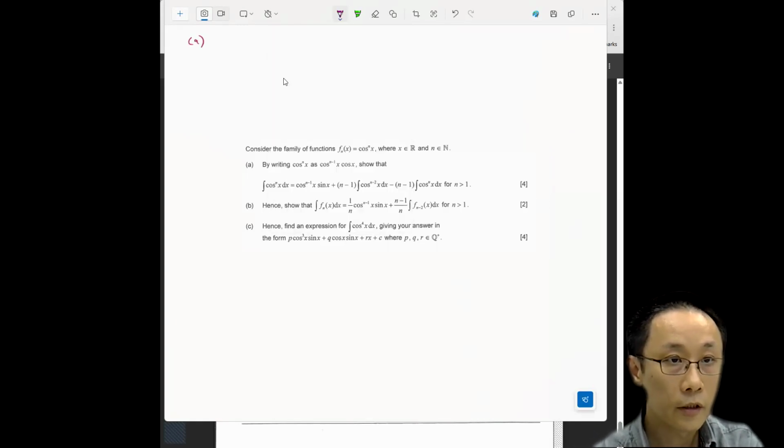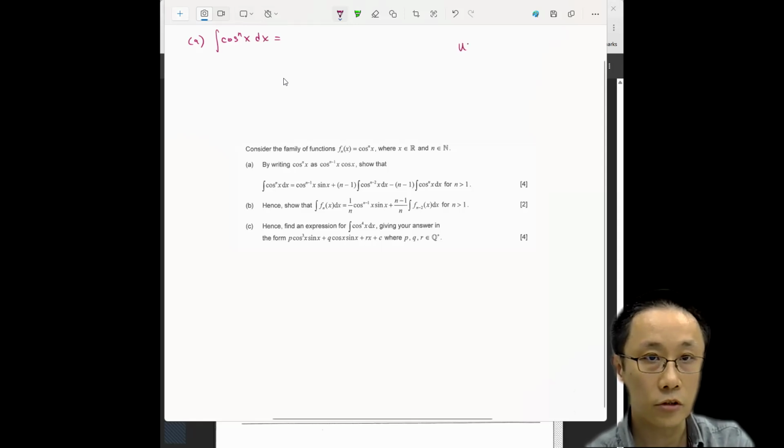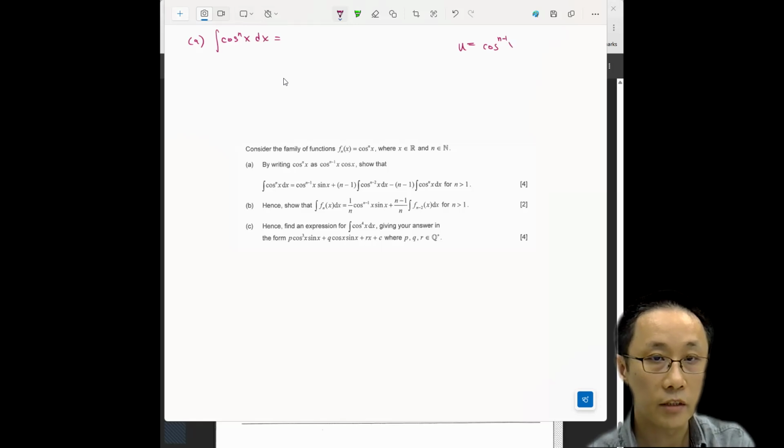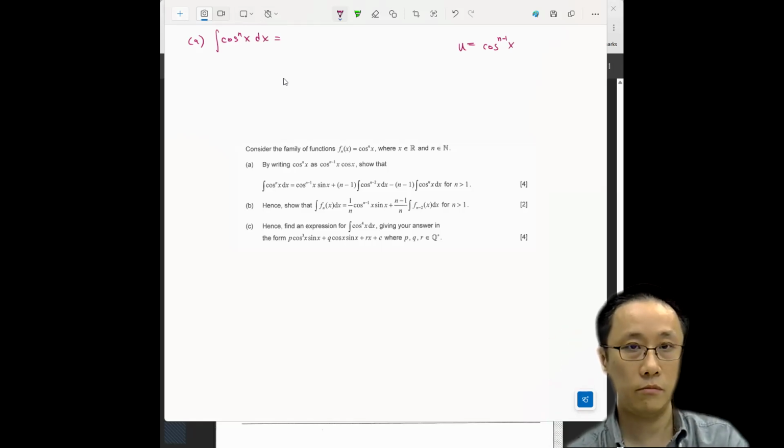So part A, the integral of cos to the power of n x dx. So if you just let u to be cos n minus 1 x, should we let u to be cos x, or should we let u to be cos n minus 1 x? I think it should be very clear that u should be this cos x raised to some ugly power, because this thing cannot be easily integrated.